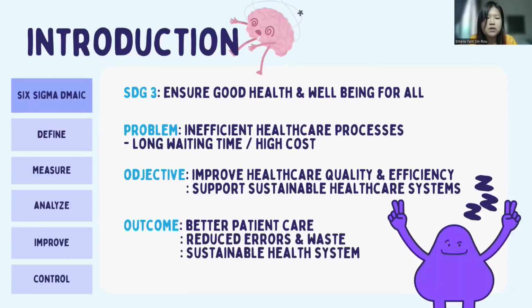Through this approach, healthcare service can become more efficient, reduce errors and waste, and also improve patient satisfaction. Overall, this project supports better healthcare outcomes and contributes to the achievement of SDG 3.